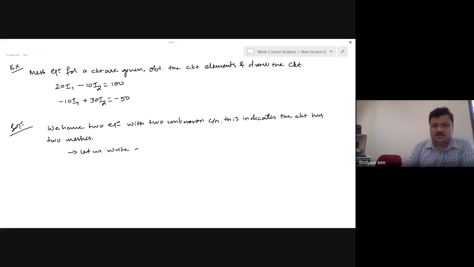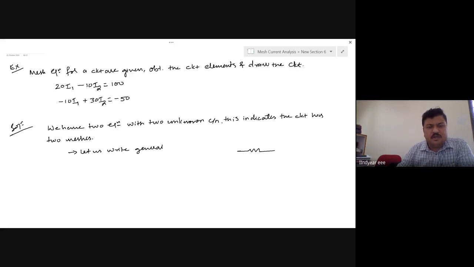Or first we'll write the circuit. See, there is a coefficient of I1 in mesh 1. It means there is one passive element in mesh 1. There is a coefficient of I2 in the mesh 1 equation.